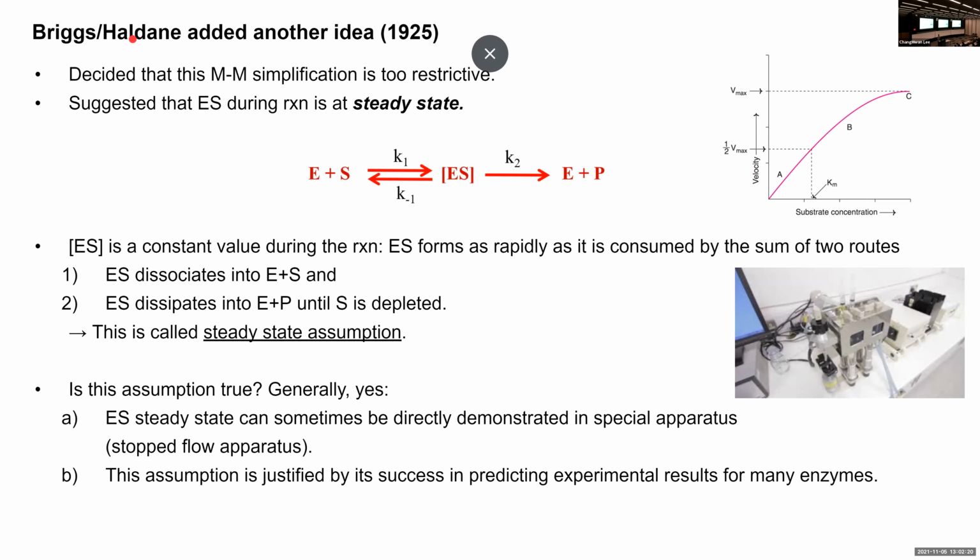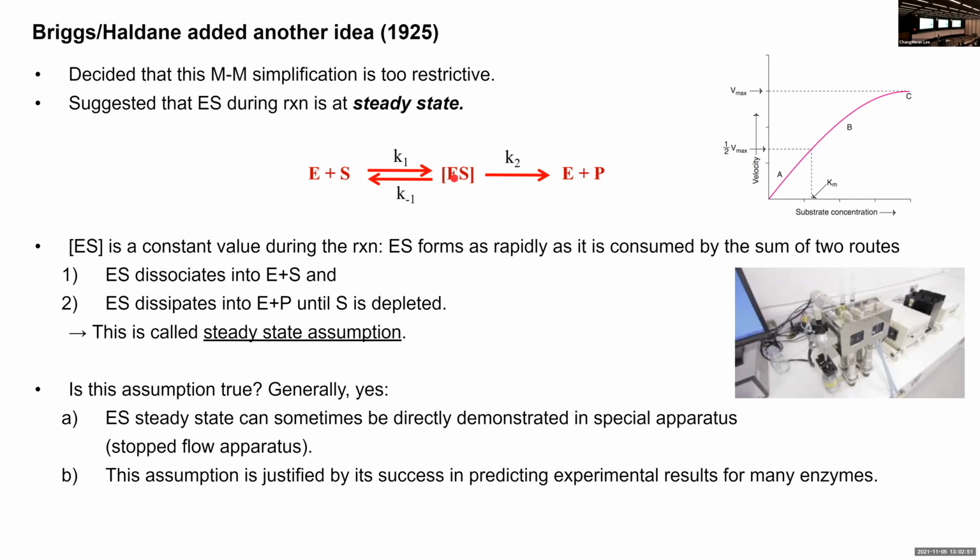So what they did was that instead of having the equilibrium state between the E and S molecules and the ES complex, they suggested that the ES complex will be at the steady state.